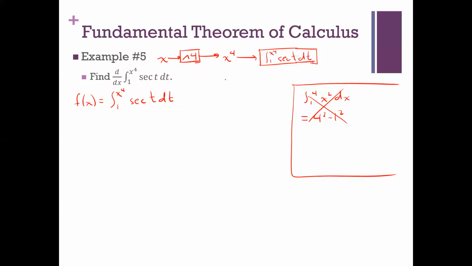If we're okay with that, we can handle the chain rule the way we've always done. What would the derivative of this integral be with respect to x to the 4th?